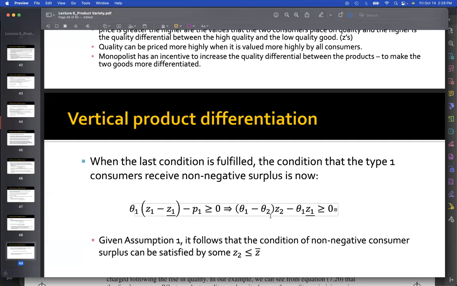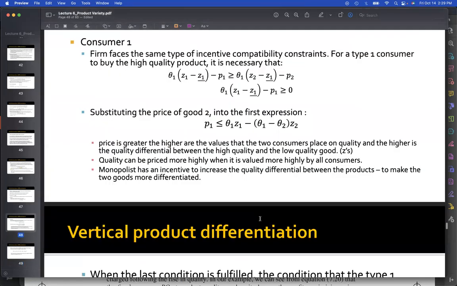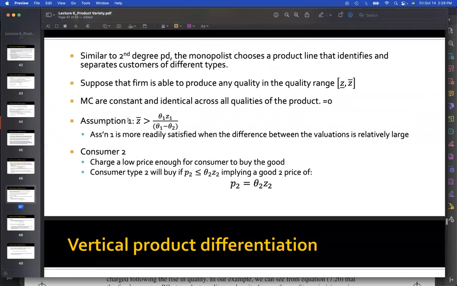And given assumption 1, it follows that the condition of non-negative consumer surplus can be satisfied by some Z2. Again, this bounds Z2 to be lower than or equal to some Z bar, which again comes from assumption 1.